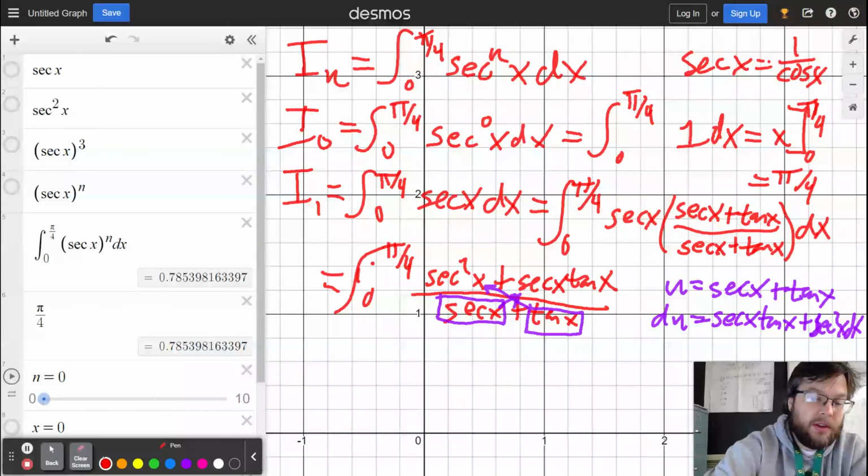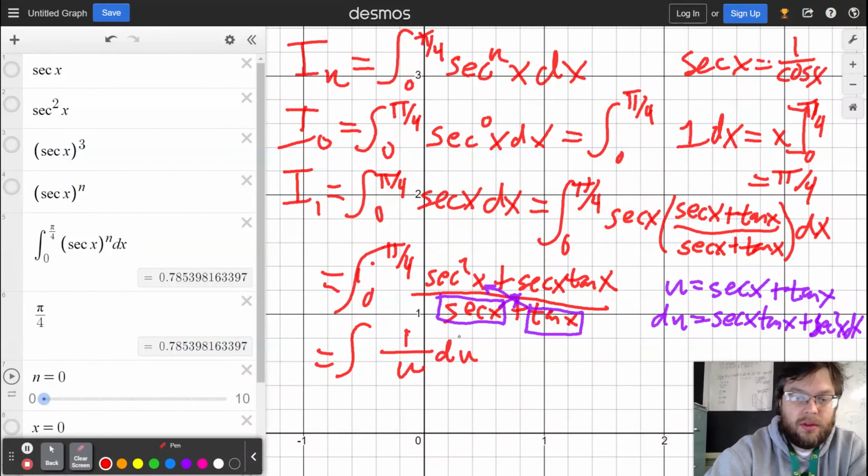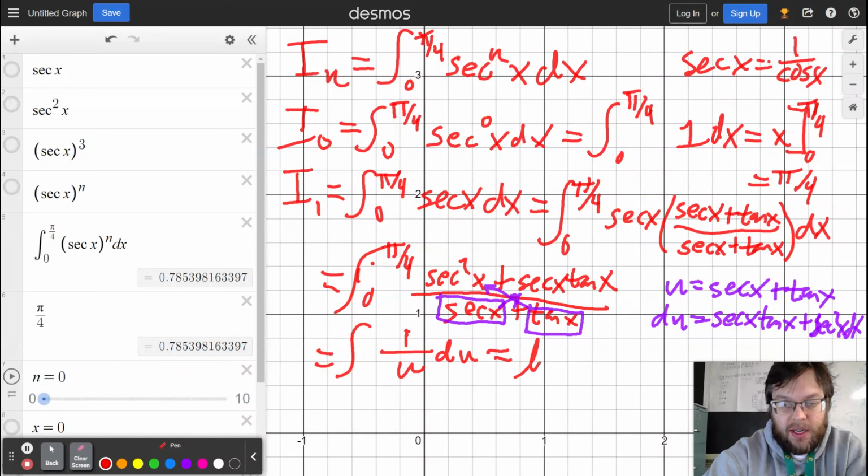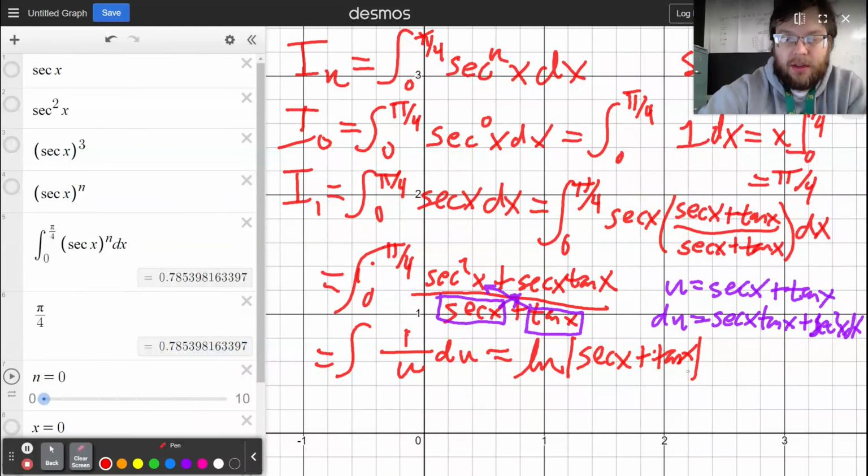So my original integral becomes 1 over u du. And so we have the natural log of the absolute value of secant x plus tangent x. And that's evaluated from 0 to pi over 4.